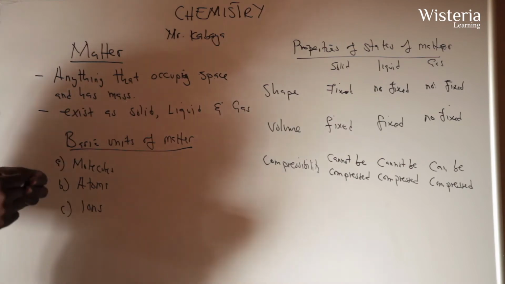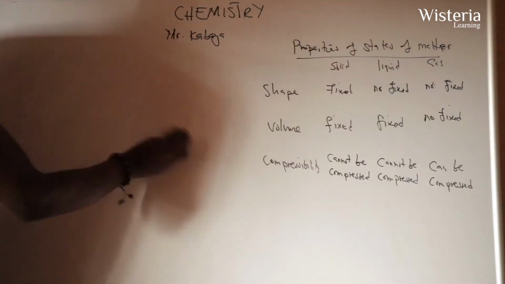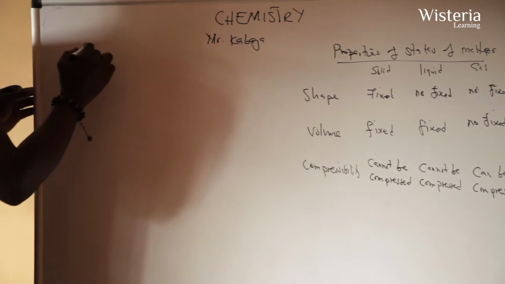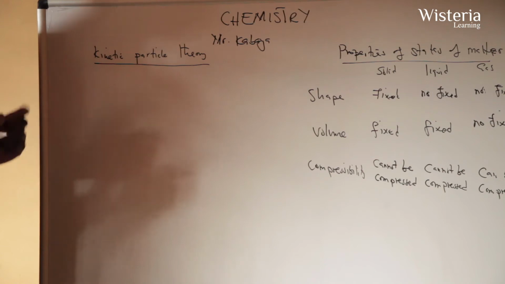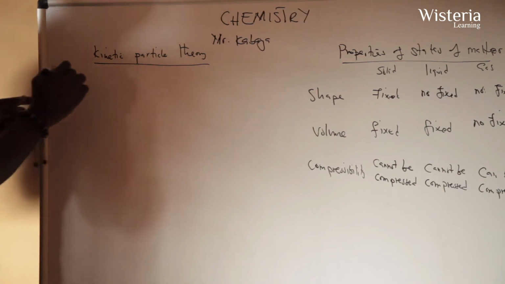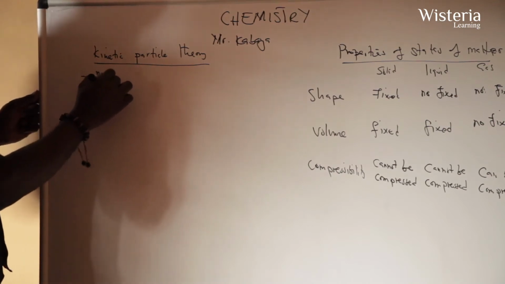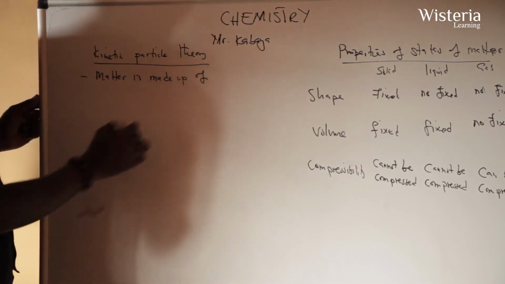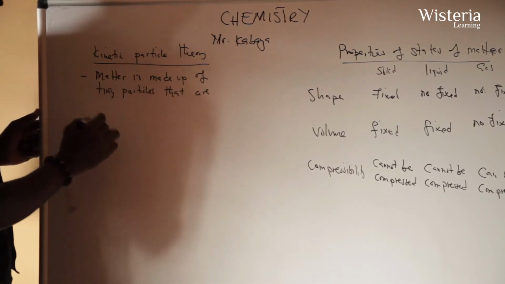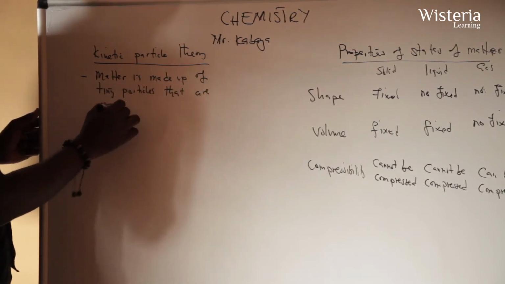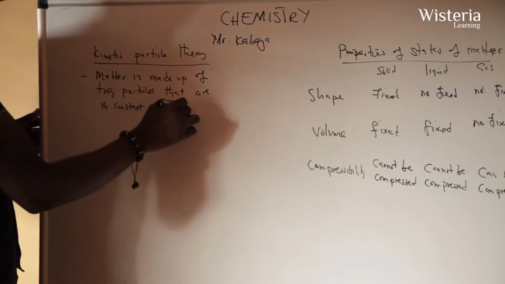From here we're going to look at what we call the kinetic particle theory. The kinetic particle theory states that matter is made up of tiny particles that are in constant random motion.